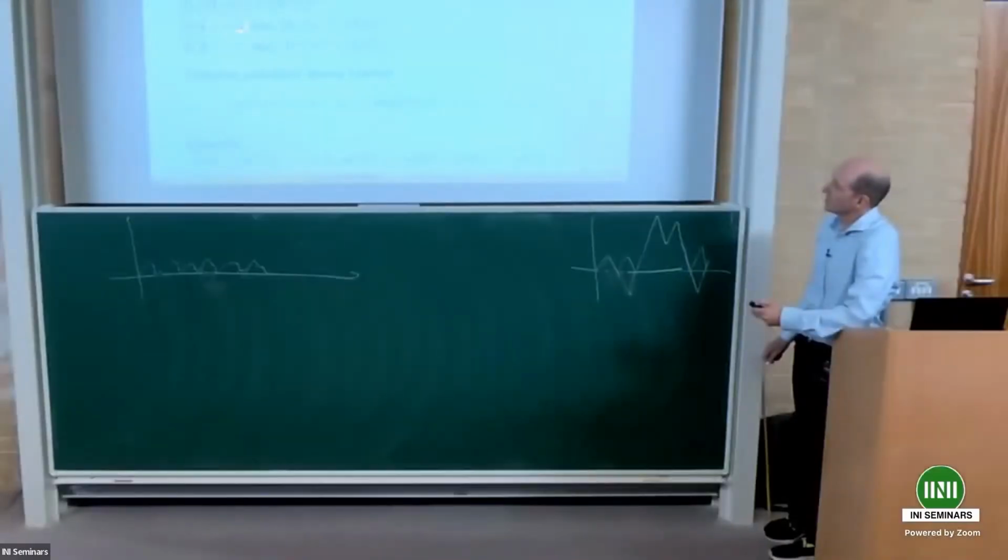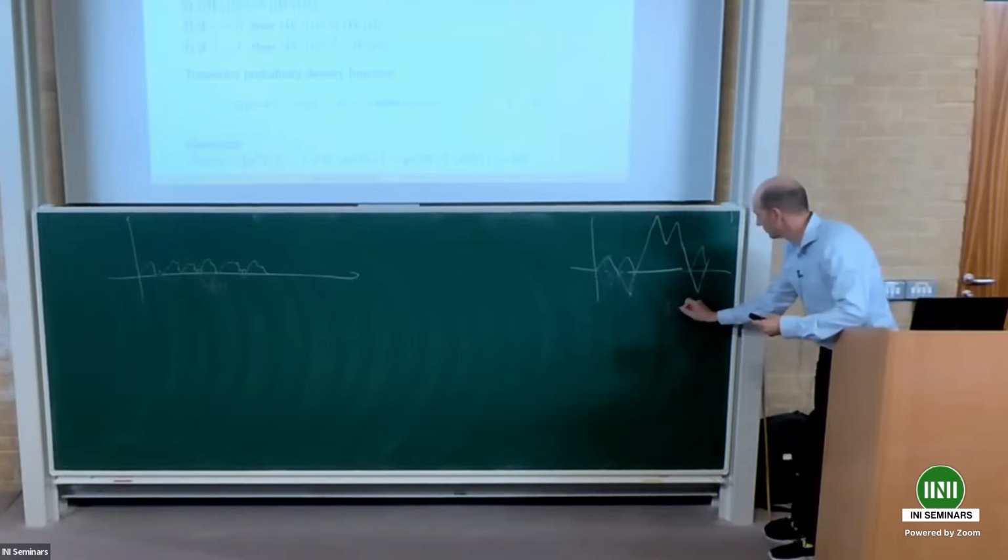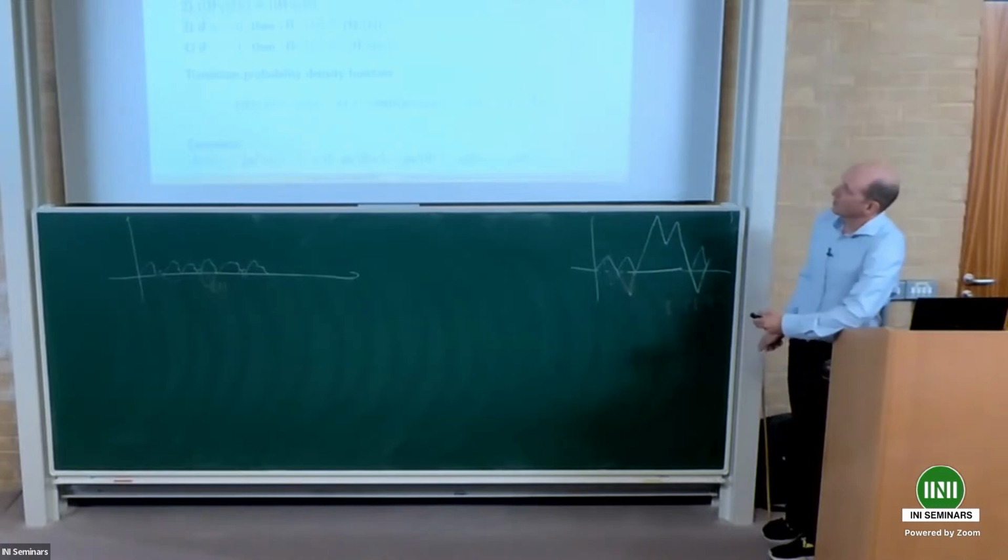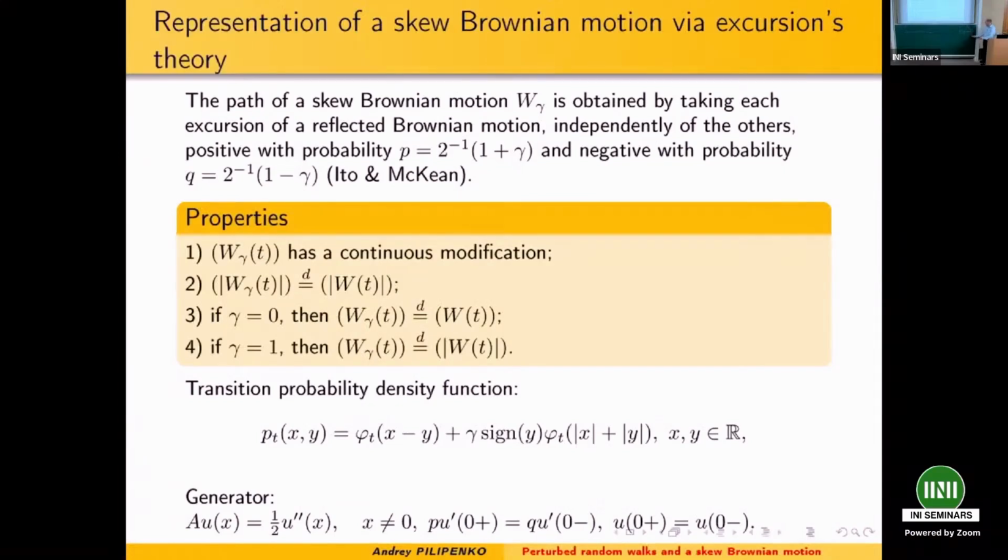Here gamma is p minus q, or 2p minus 1. If gamma is 0, it means p is q, is 0.5, and then this is just the usual Brownian motion. And if gamma is 1, this means that p is 1, and then you get reflected Brownian motion.